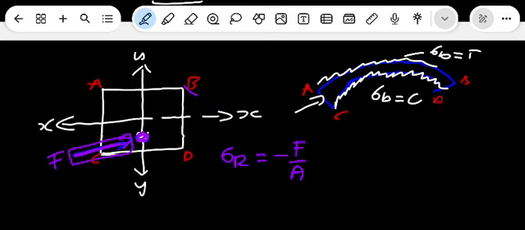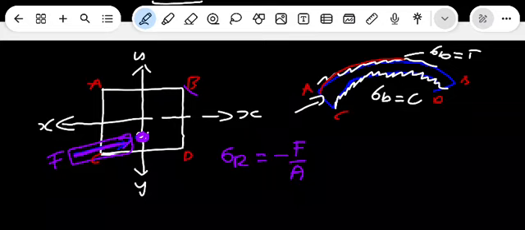Let's say I find the resultant at AB. At AB, the bar will bend and that part will be tensile. This side is tensile, which is positive.